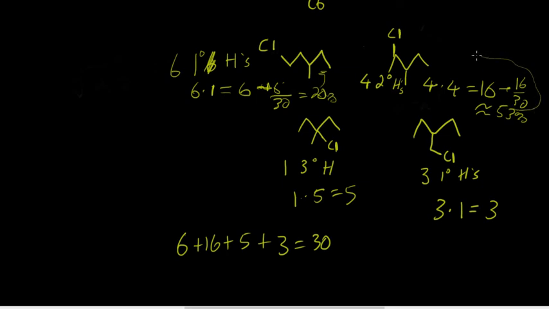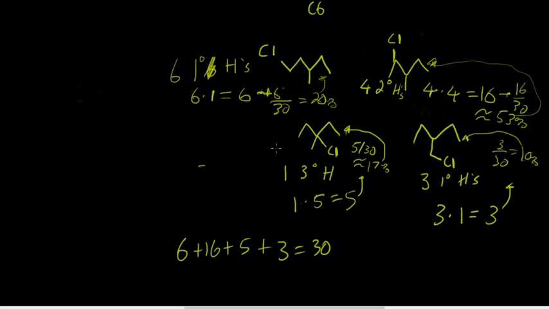So 53% is this product here. This one we have 5 out of 30. That's about 17%. So 17% is this product here. And here we have 3 out of 30, and that's 10%. So 10% is this product here.